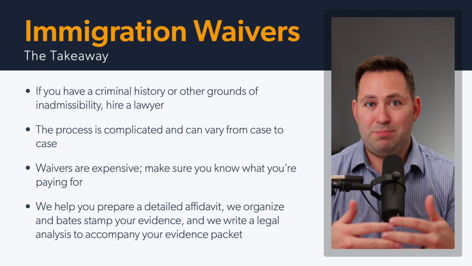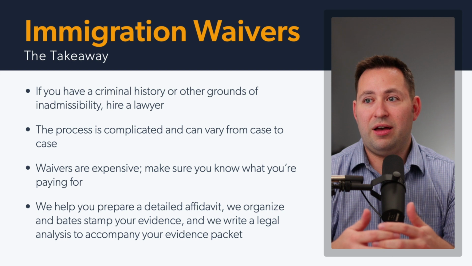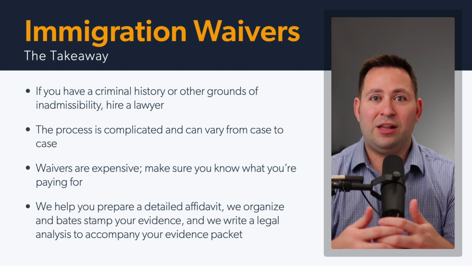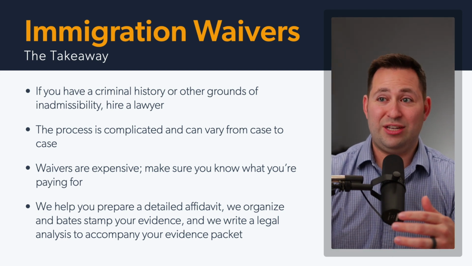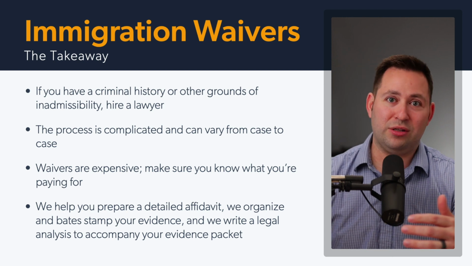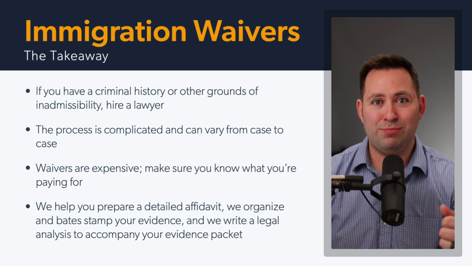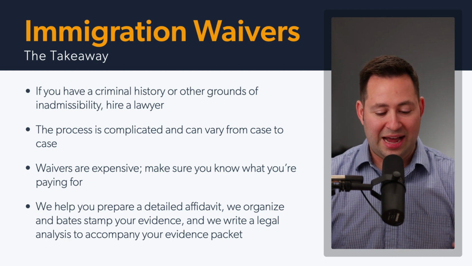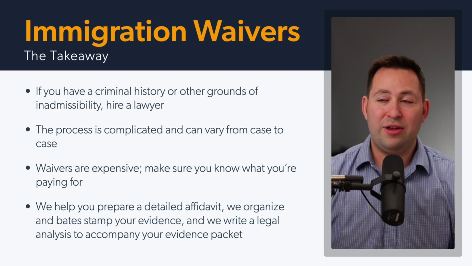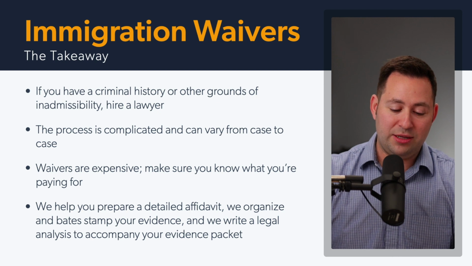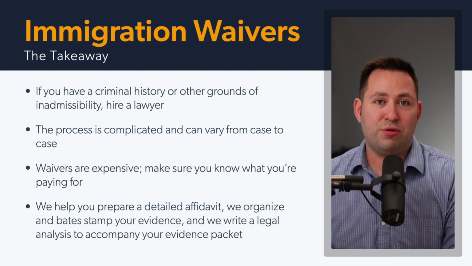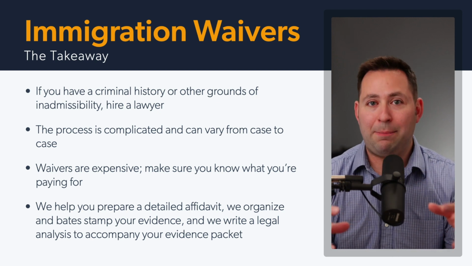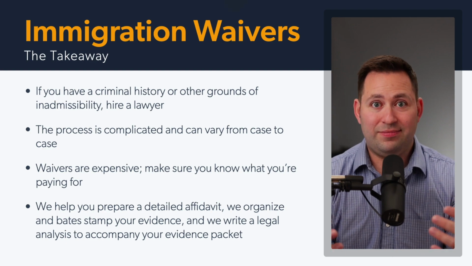We organize and Bates stamp your evidence so that it's very well organized, easy to follow, easy for the bureaucrat on the other side to see in the documents alone, oh, this is why this is going to be more challenging than normal. And then finally, we always write a legal analysis that accompanies your application and your evidence packet. And so we think we go the extra mile to make sure that waiver applications are granted.